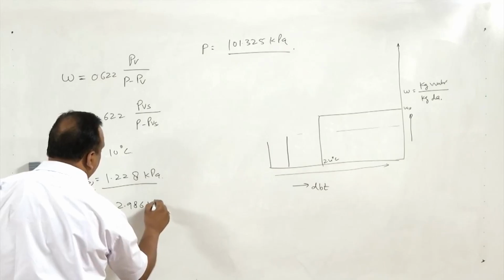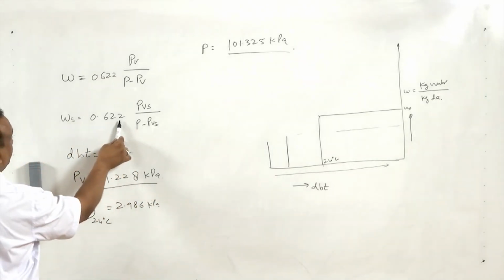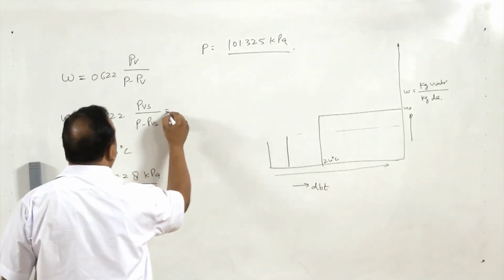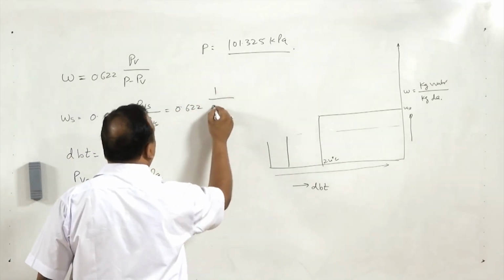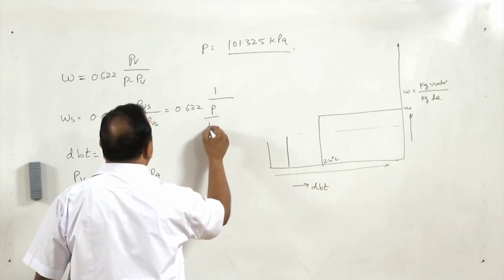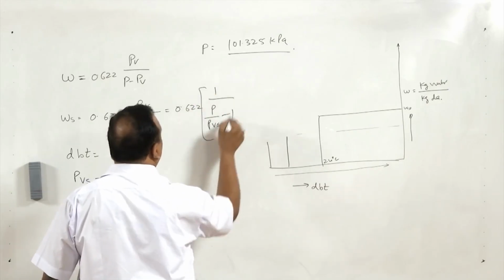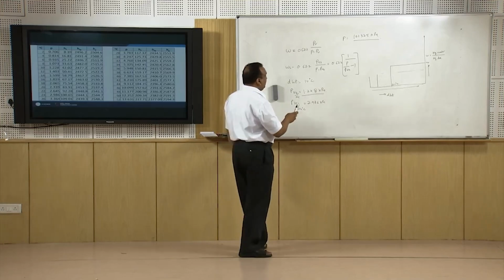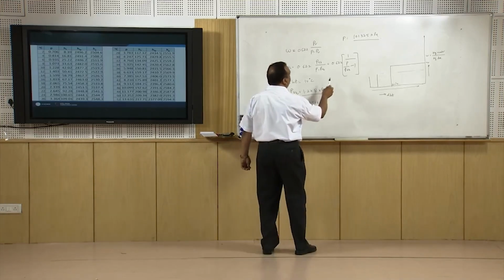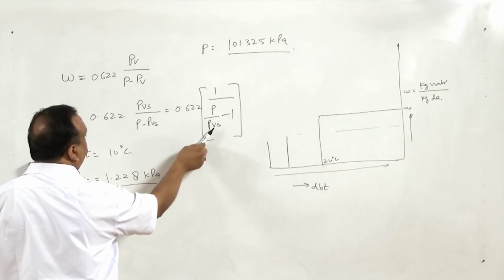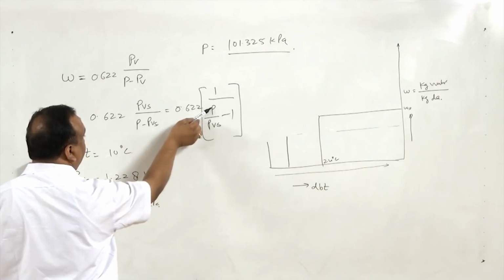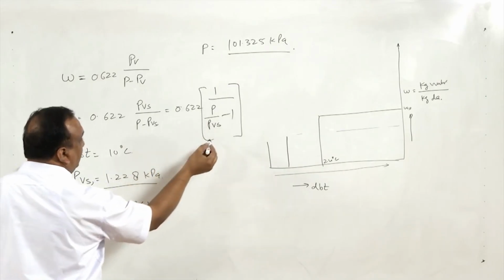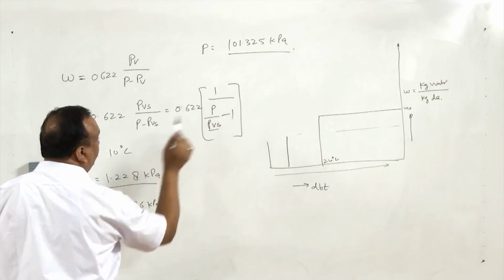Now, in this expression, if we further manipulate this, 0.622 times 1 by (P by PVS minus 1), it can be written like this also. So, the moment the temperature decreases, PVS decreases, and P by PVS will increase.